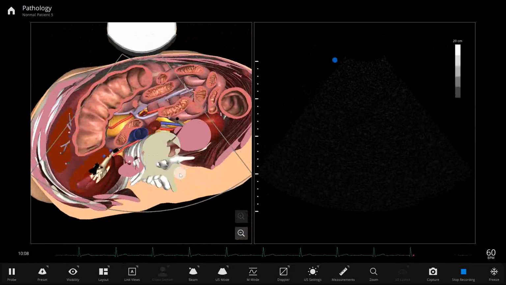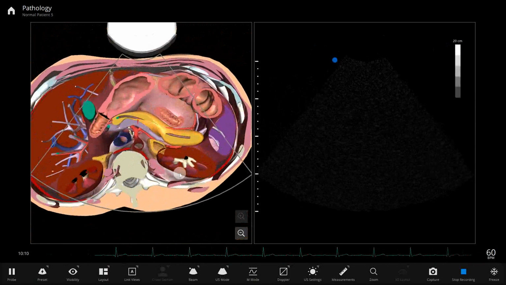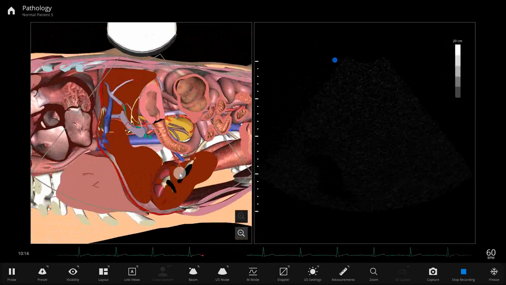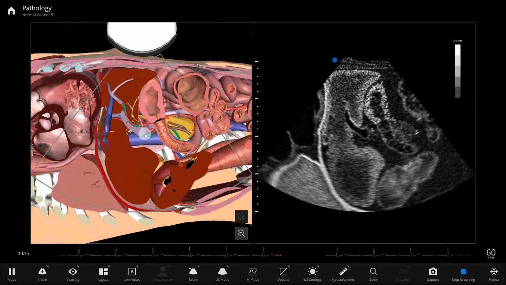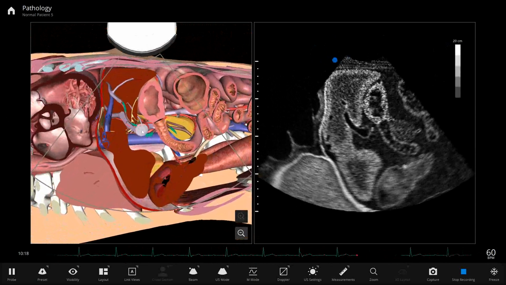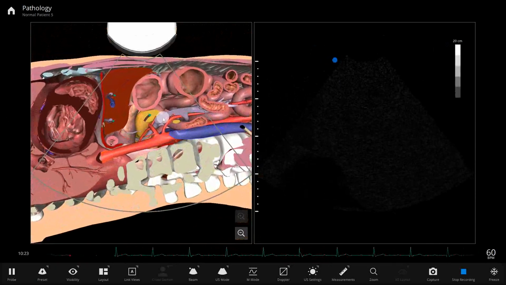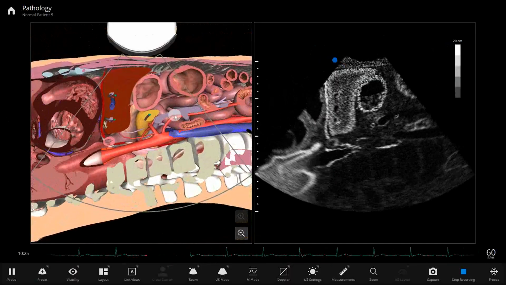Let's go back and take a look at the portal venous system. Okay? So our portal venous system runs into our liver. It's going to be this gray system right here. Okay? The portal venous system is formed by the superior mesenteric vein.